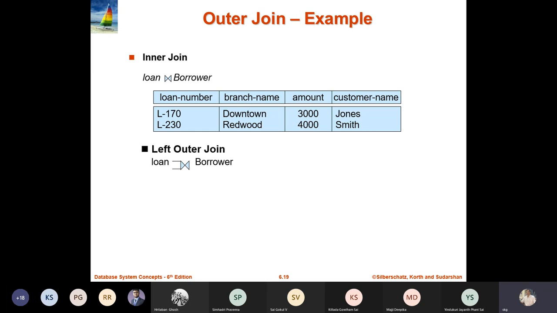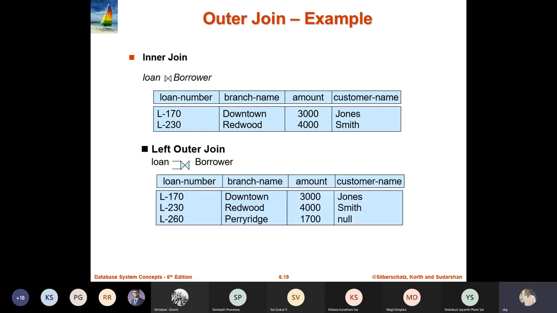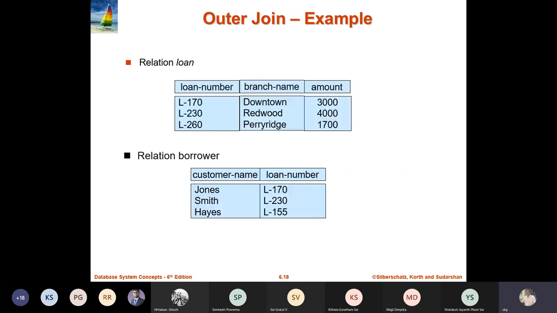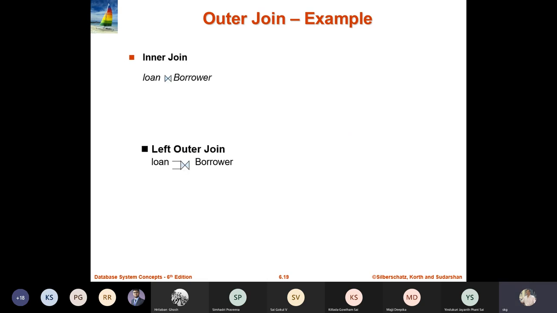Whereas in the case of outer join, there are two outer joins: one is the left outer join, another is the right outer join. In the left outer join, we consider all the tuples of the loan relation, joined with borrower.